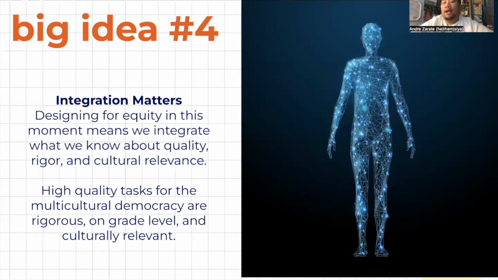Big idea number four: integration matters. Designing for equity in this moment means we integrate what we know about quality, rigor, and cultural relevance. High quality tasks for the multicultural democracy are rigorous, on grade level, and culturally relevant. And I know for me as an educator, a lot of these terms are sometimes used as buzzwords throughout different professional developments.